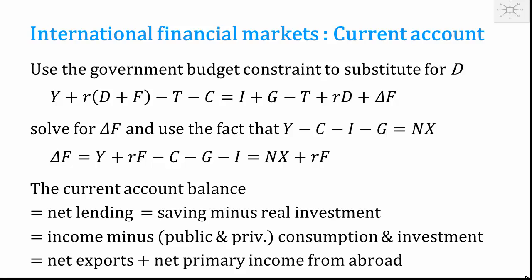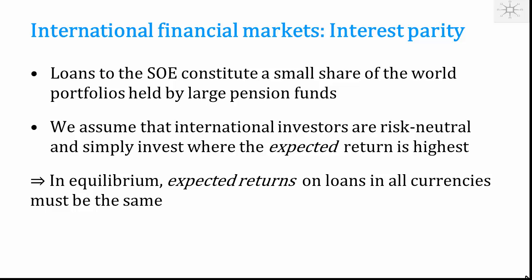Okay, so that was about the financial flows of lending between countries, the current account. Now we turn to the prices in the financial market, and that is, we look at the interest rates and the exchange rates. So we assume that the loans of the small open economy constitute a very small share of the world financial portfolios that are held by, say, large pension funds abroad.